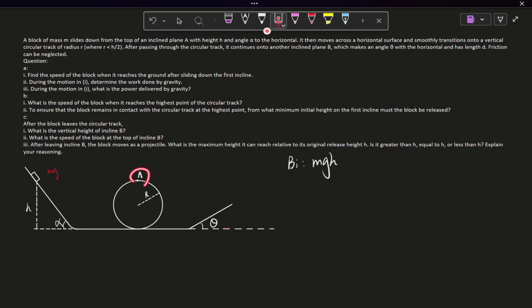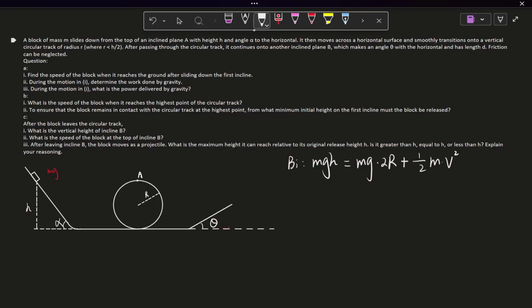And when it's at the top of the circle, what type of energy does it have? Of course, gravitational potential energy, mg times 2r, because it's 2 times the radius above the ground, plus the kinetic energy from the speed it has at the top of the circle, 1/2 mv squared. So we're trying to solve for v.